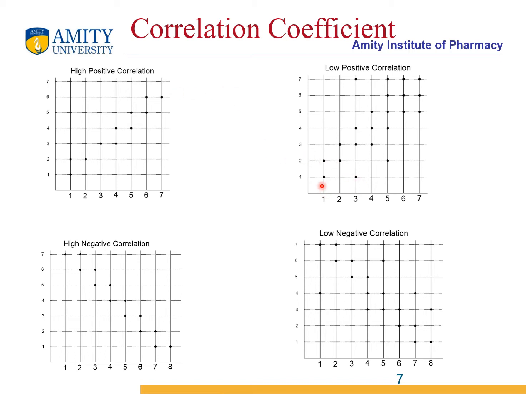If the plotted points are somewhat scattered, not exactly in a straight line, it depicts low positive correlation. Similarly, if the decreasing graph from upward to downwards is in a straight line, it shows high negative correlation, and if the values are somewhat scattered, it shows low negative correlation.